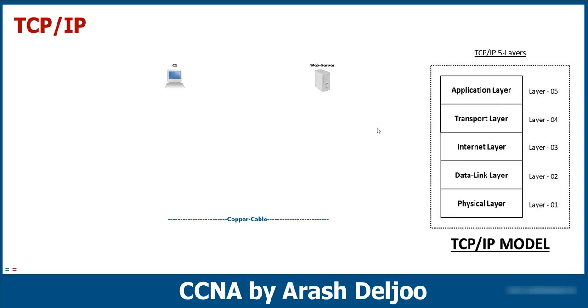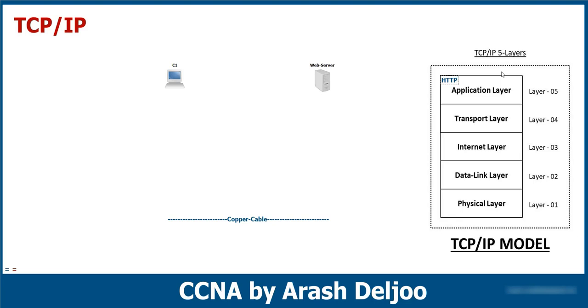Let me start to talk about the application layer. As I mentioned before, I am going to give you one example about HTTP. This is one of the application protocols, and we are using HTTP in this video. You know that in each layer we have some applications.